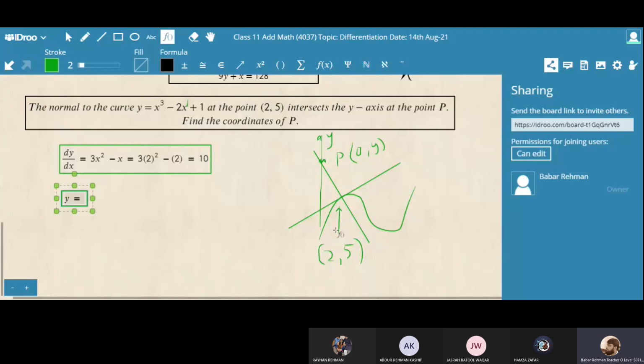Hamza Zafar, what is y? Sir, why is the question given? No, the point. You have to find only y. Did you find it? Sir, I'm getting 10x minus 15. Final answer. 10x minus 15 is your final answer?